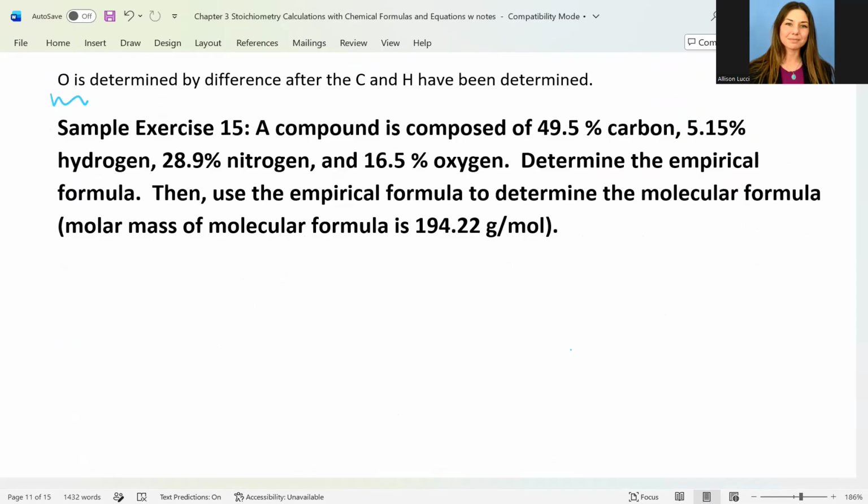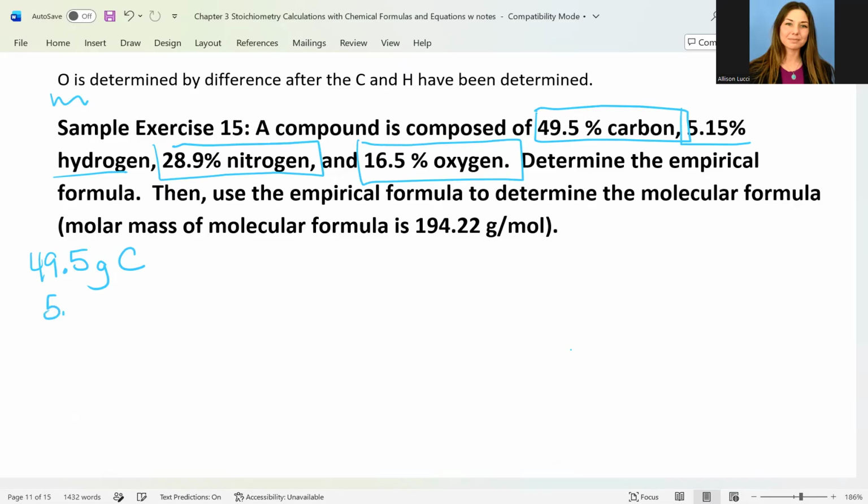So here in sample exercise 15, we're shown that we have a compound that's composed of 49.5% carbon, 5.15% hydrogen, 28.9% nitrogen, and then 16.5% oxygen. If you recall, we set these equal to masses out of 100 grams because all of our percentages equal 100%.